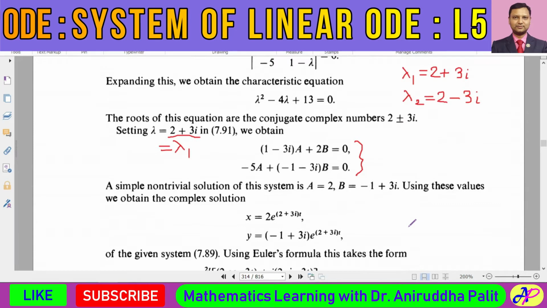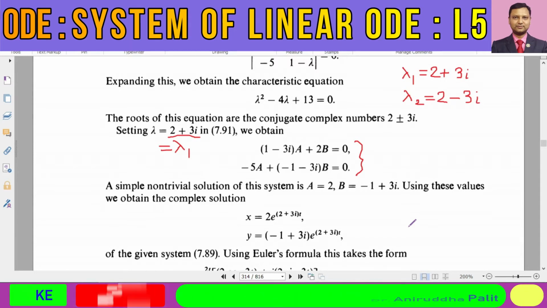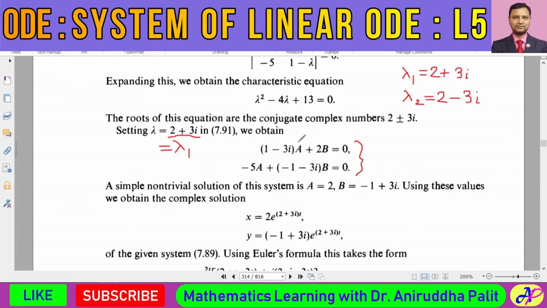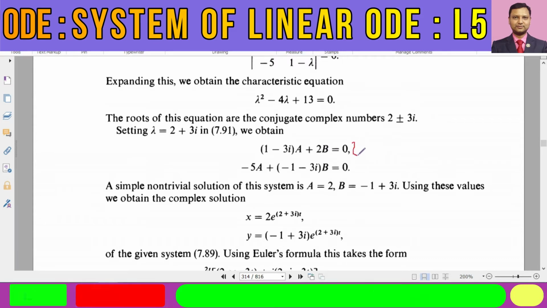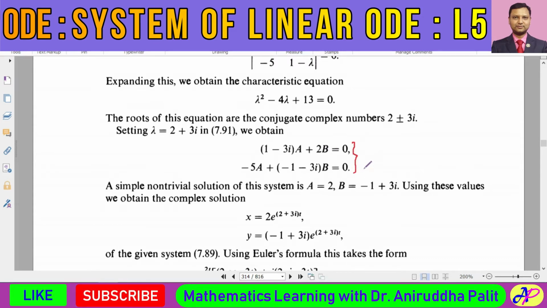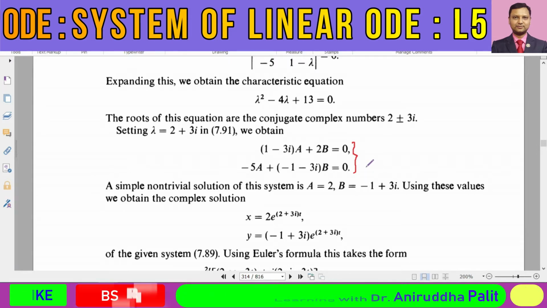And you see, if we solve these two relations, over here we have two unknown quantities, capital A and capital B, and we have two equations involving these two unknown quantities. So theoretically we can solve them.